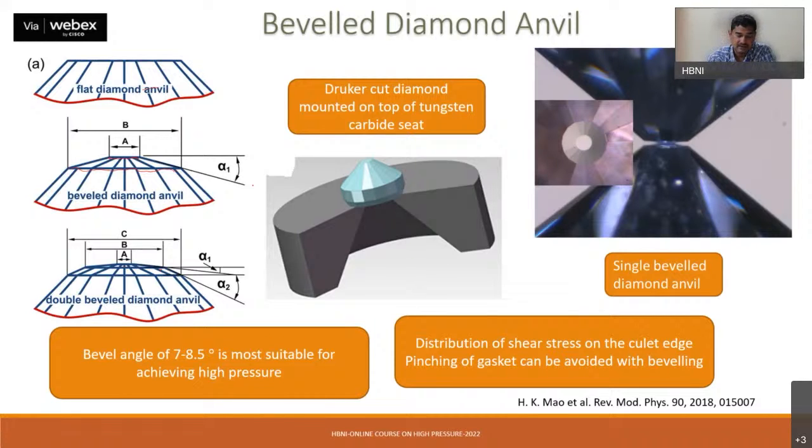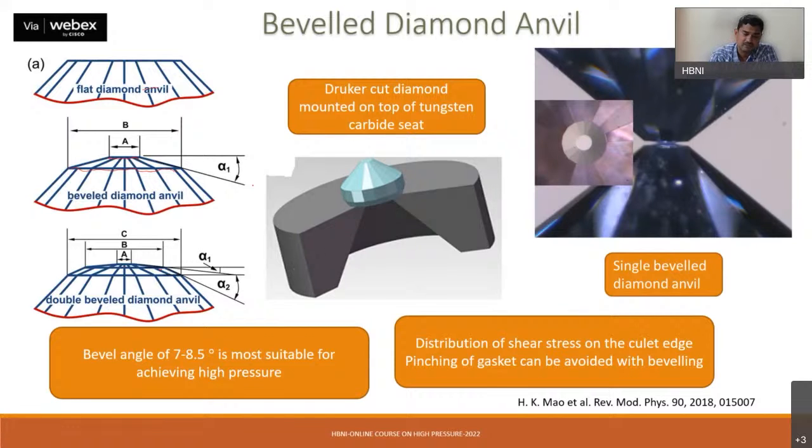Not only that, the diamond also suffers ring cracks and other kinds of cracks if not beveled, because of the distribution of shear stress on the culet edge, as I showed you in the last lecture. So beveling helps distribute the shear stress at the culet edge as well as avoid the pinching of the gasket. This is one typical example of a Drucker cut diamond mounted on top of a tungsten carbide seat.